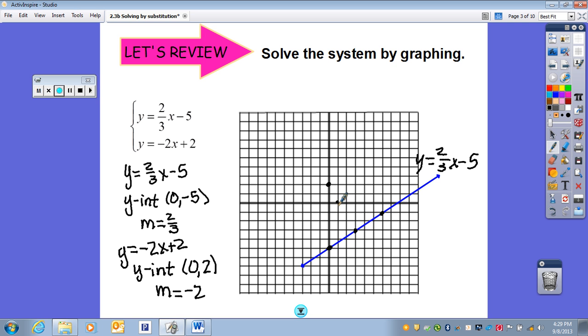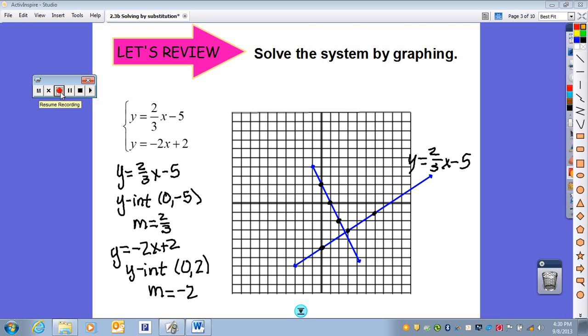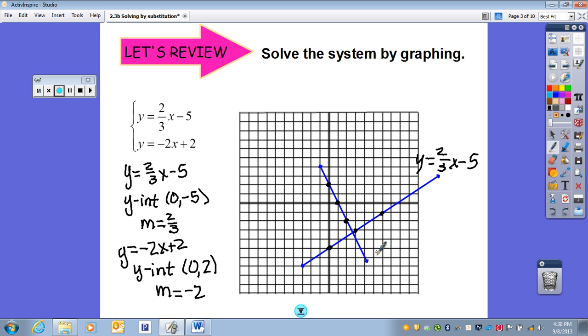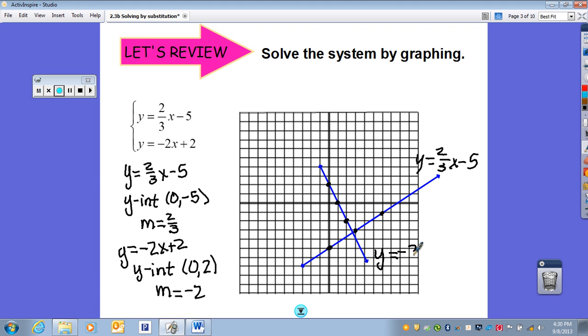Down 2 over 1, down 2 over 1, and then we will draw in our line. Let's label that as y equals -2x plus 2.